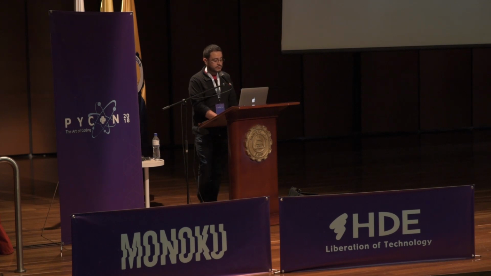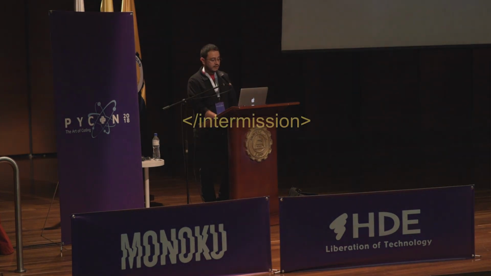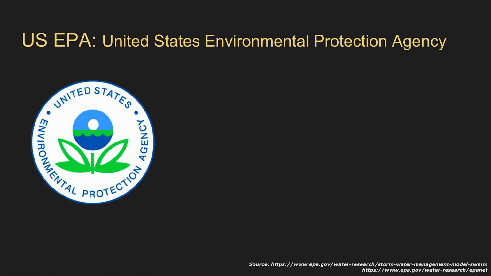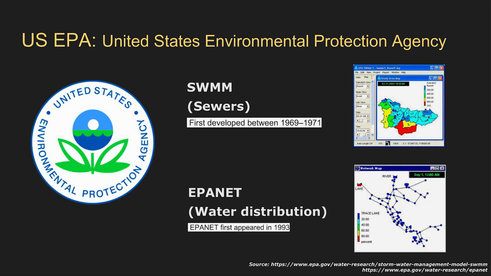So now let's go back to the main presentation. Regarding how modeling works, the US Environmental Protection Agency wanted to create some software to help understand the problems of sewers and water distribution. So they created, back in the 60s and in 1993, a couple of packages.